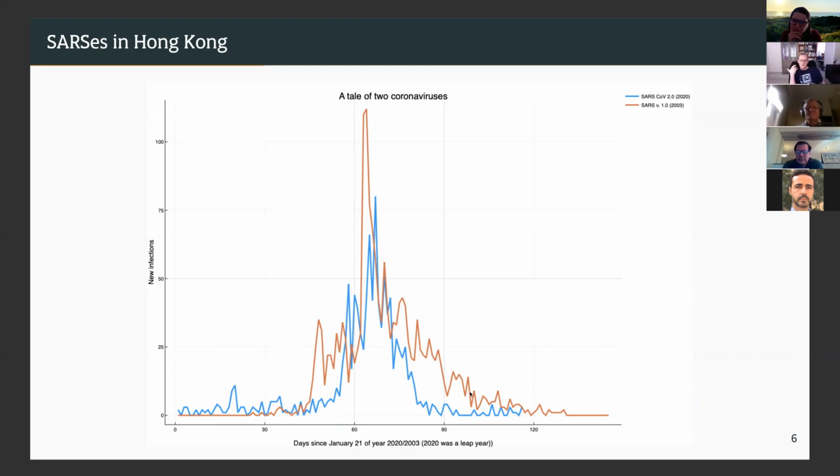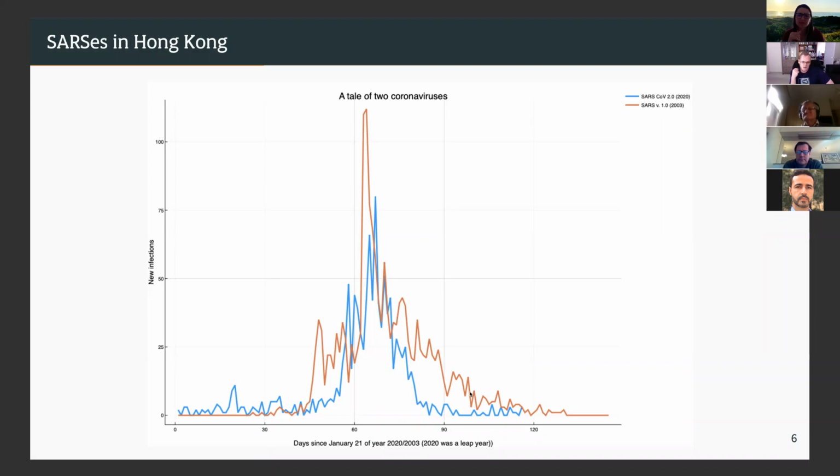So in many ways, we're seeing a similar sort of impact in Hong Kong in 2020 as we were in 2003. If I showed just this data, you might actually be tempted to say that 2003 was worse than 2020, right? The graph for 2020 is actually lower.